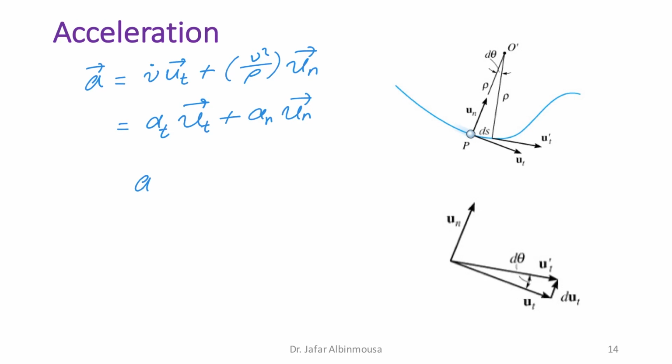The tangential acceleration at is v dot, the rate of change of the velocity, while the normal acceleration is v squared over rho. Therefore, the magnitude of the acceleration is the square root of at squared plus an squared.